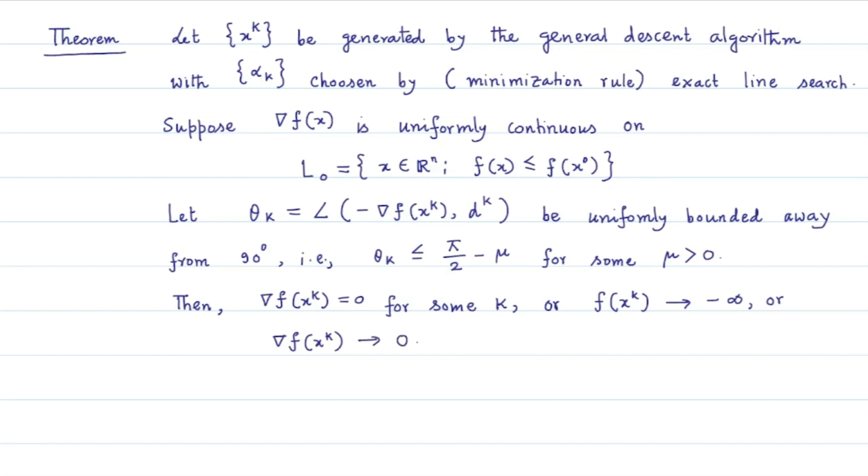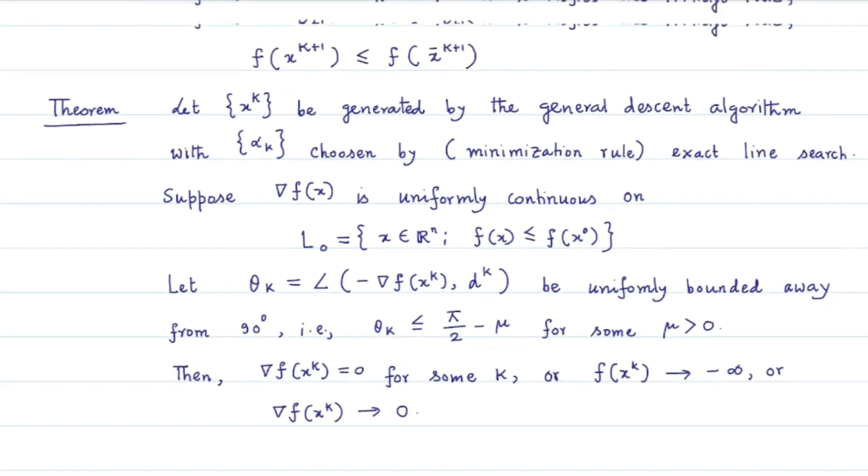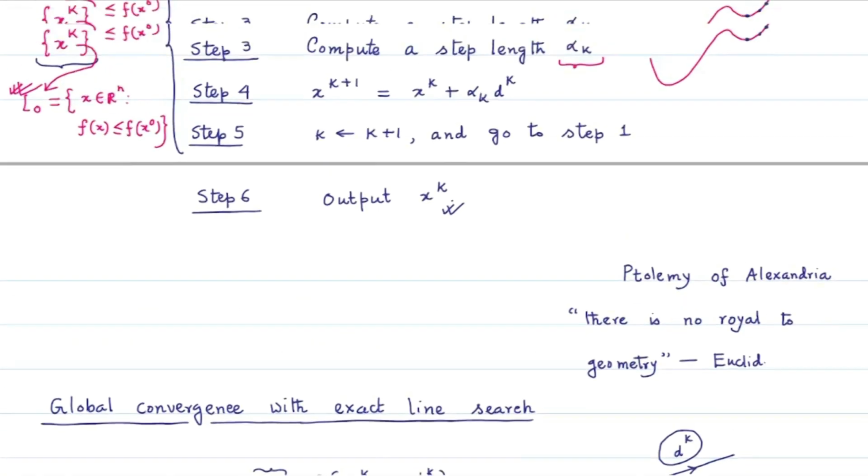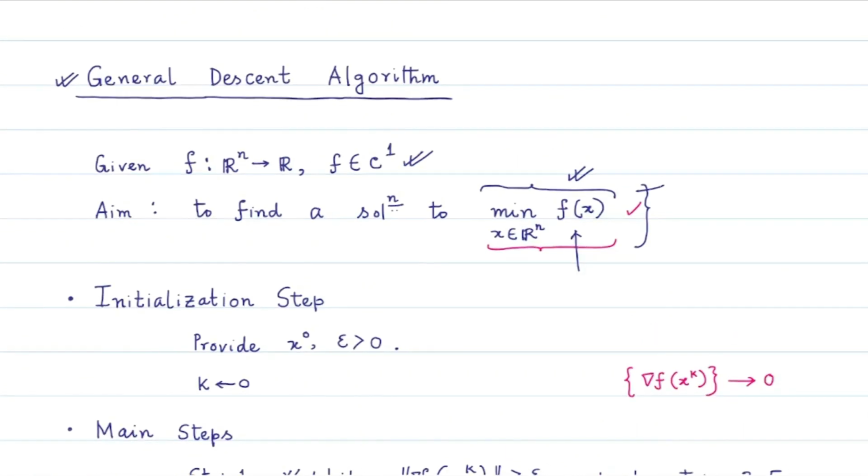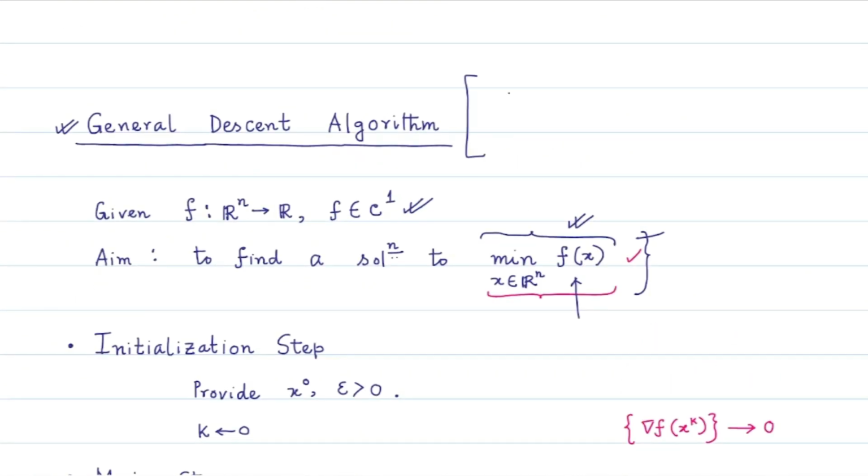Here in this theorem, we also have the assumption that the objective function f is continuously differentiable. In fact, this continuous differentiability of the objective function is a standing assumption when we discuss any descent algorithm or any gradient descent algorithm.